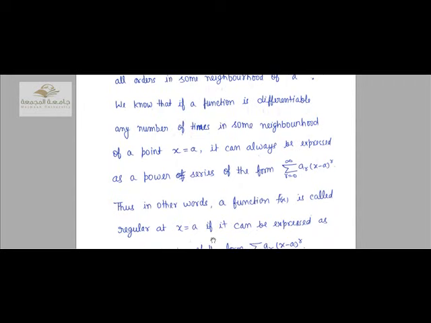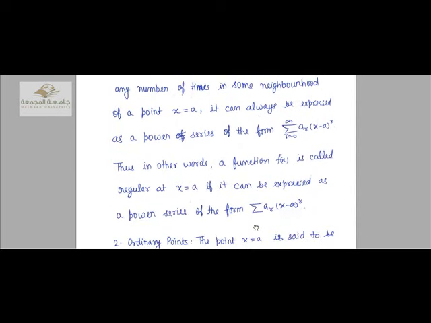Thus, in other words, a function f(x) is called regular at x is equal to a if it can be expressed as a power series of the form summation r is equal to 0 to infinity a_r (x minus a) to the power r.